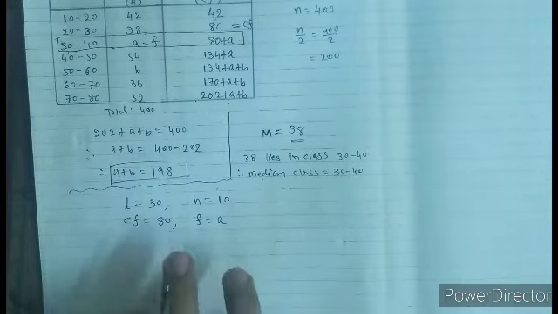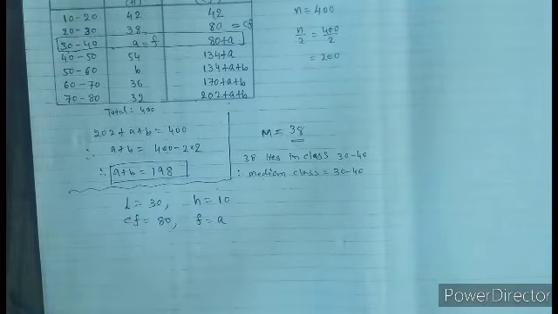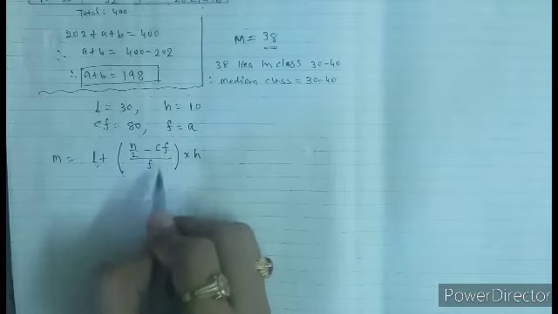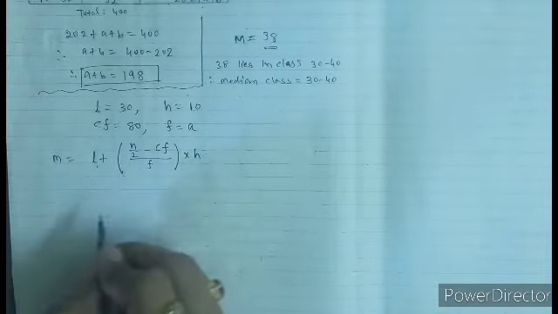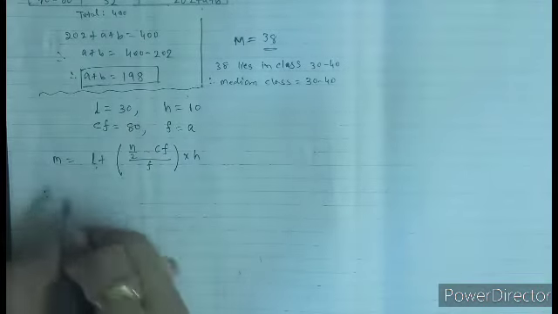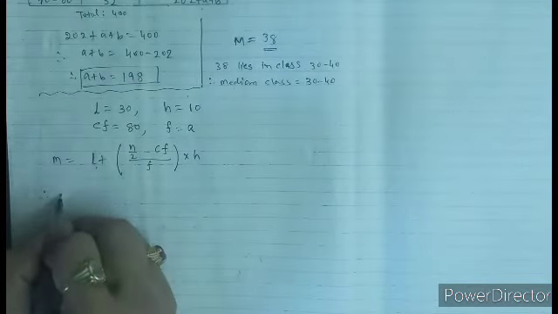Now we will apply all these terms in the formula of median. As we know, the formula of median is M equals L plus, into bracket, n by 2 minus CF upon F, multiplied by H. We know the value of median, it is 38. We will apply the obtained values.